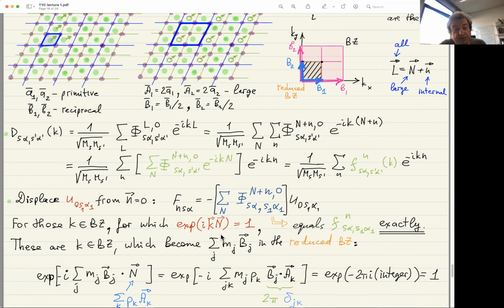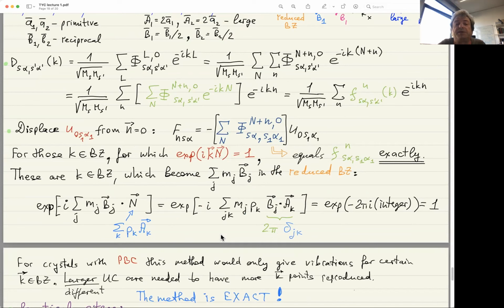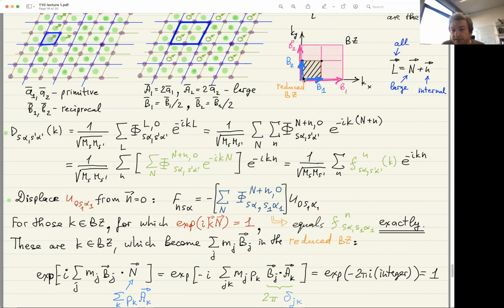And it is easy to see that such k vectors do exist. And these k vectors are actually an arbitrary linear combination of the big translations in the reciprocal space. Those smaller translations here, I call them capital B, associated with the reduced Brillouin zone.